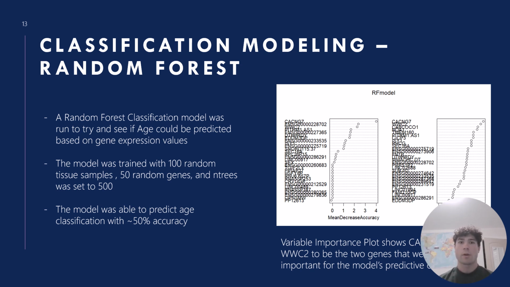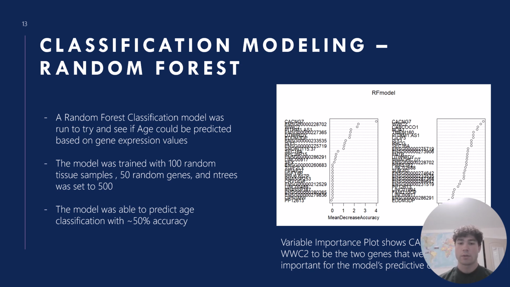Again, I think with more genes and more samples, we can definitely get that predictability up. Then for the variable importance plot on the right, I wanted to highlight two genes that show up in both mean decrease accuracy and mean decrease Gini.